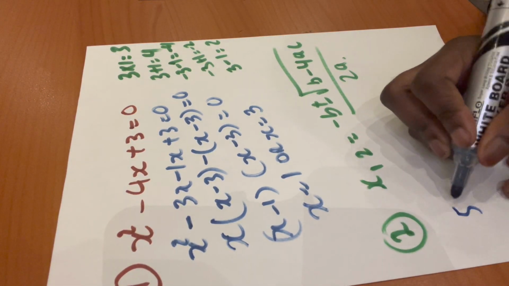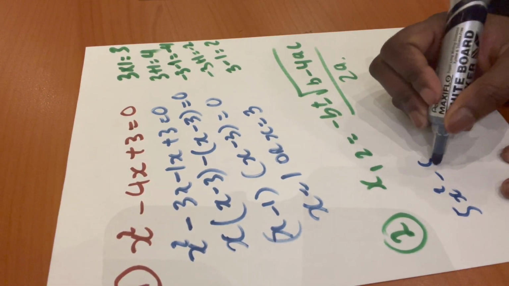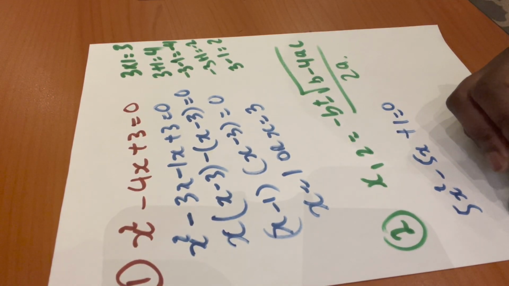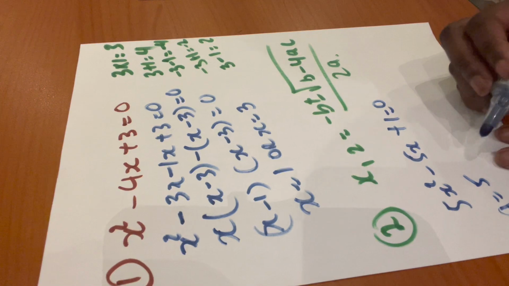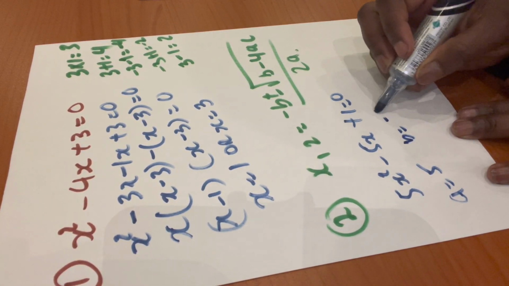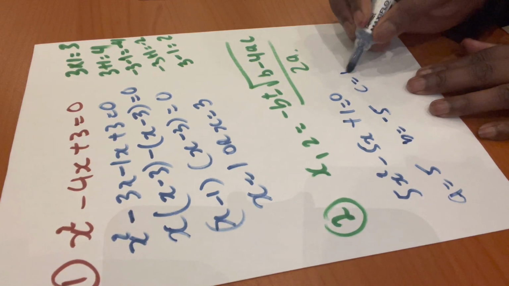We're given 5x squared minus 5x plus 1 equal to 0. My a is 5, my b is minus 5, and my c is 1.